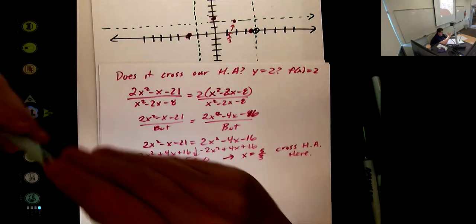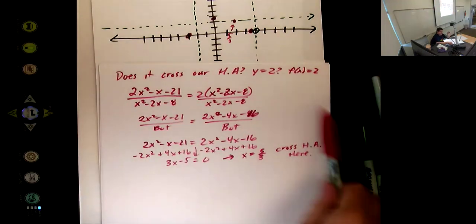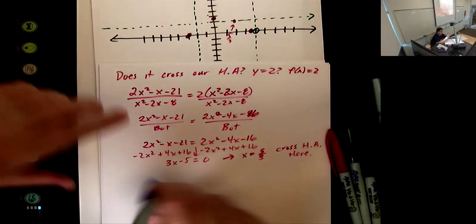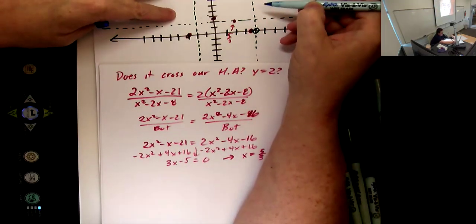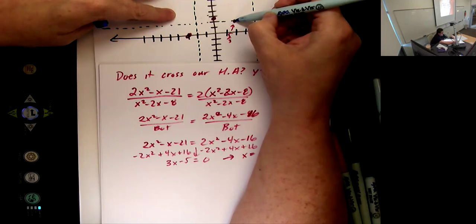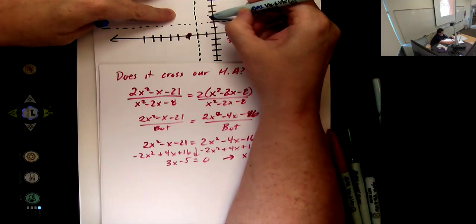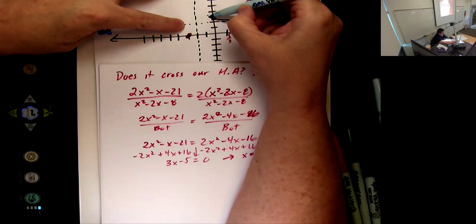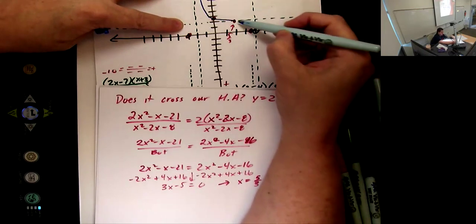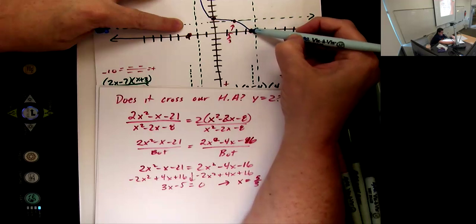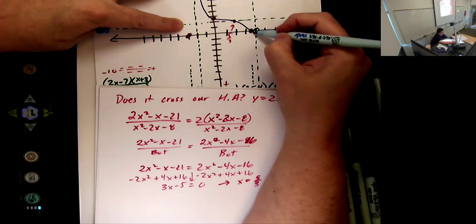All right, so now we can connect our dots. I know the vertical asymptotes can't ever be crossed. So it looks like this is doing something like this. And it never crosses the horizontal asymptote again, so it must be going up. And this one crosses here at our x-intercept.